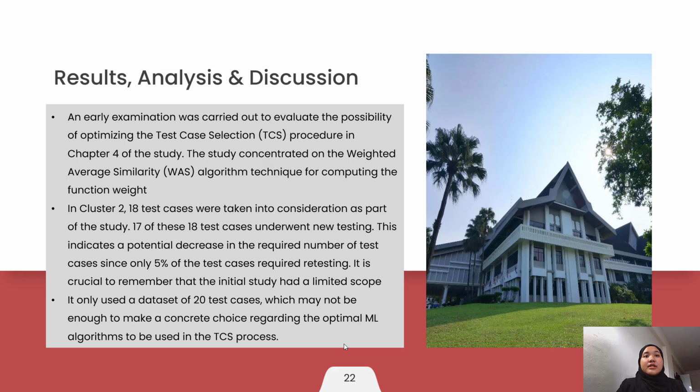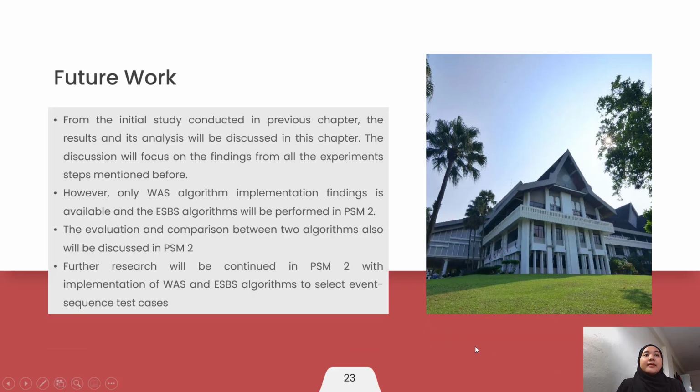However, 17 of these 18 test cases underwent new testing, which means we are reducing the potential number of required test cases, since only 5% require retesting. It is crucial to remember that the initial study had a limited scope, so it is not an accurate result yet, and it only used a dataset of 20 test cases in the early phase, which may not be enough to make a concrete choice regarding the optimal ML algorithm to be used in the TCS process.